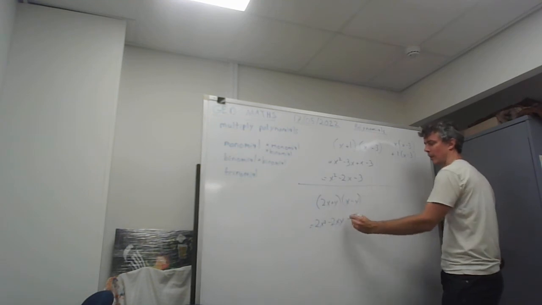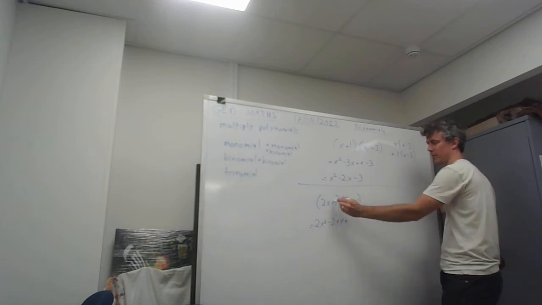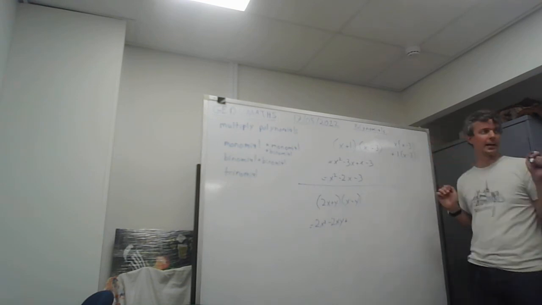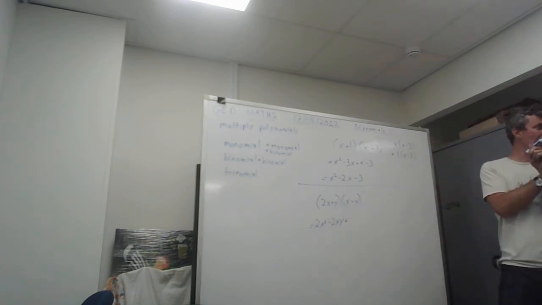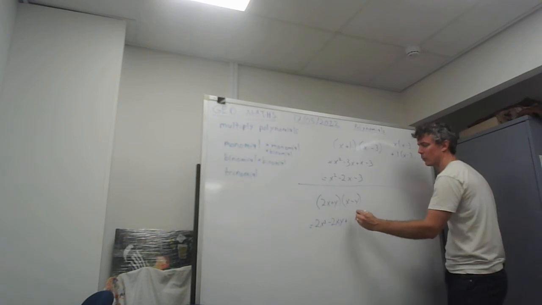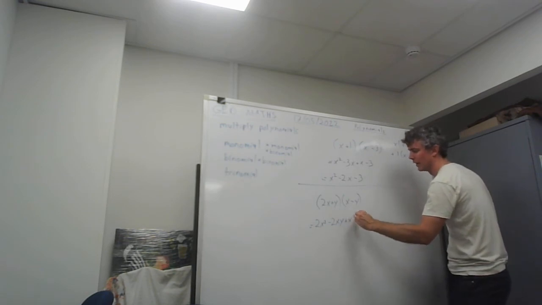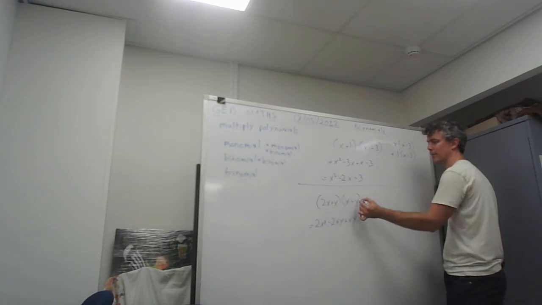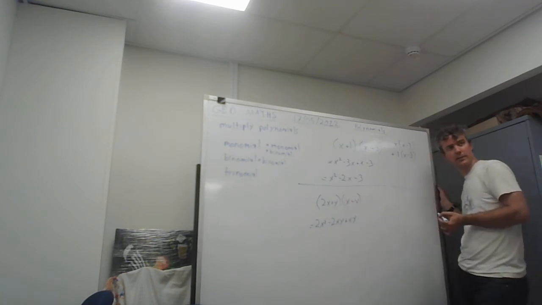It's going to be plus y times x, what is that? yx. It's also the same as xy, like 2 times 3 is the same as 3 times 2. It's easier for us if we keep it as xy, because these are going to be the same. And then here, y times minus y is minus y squared.